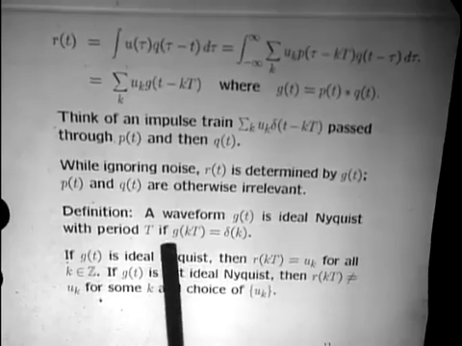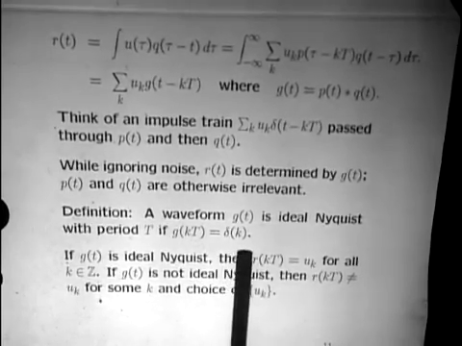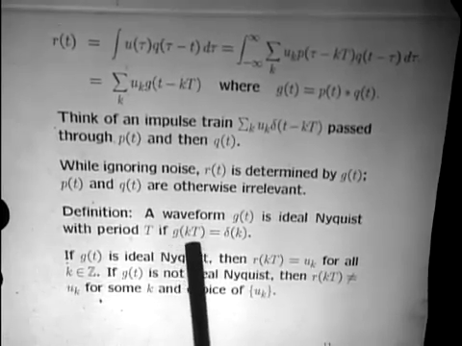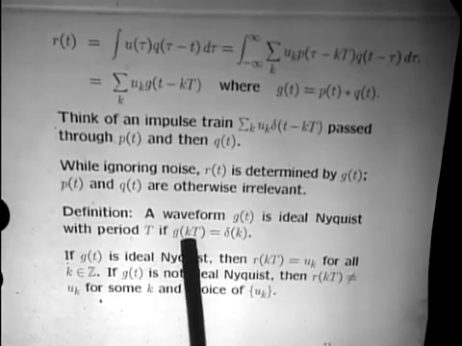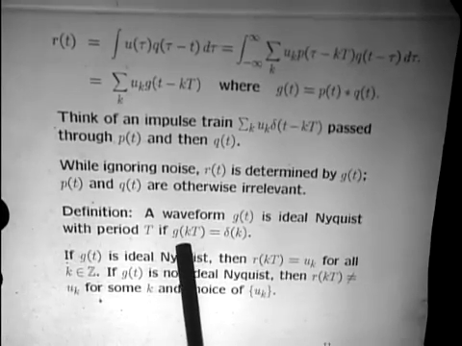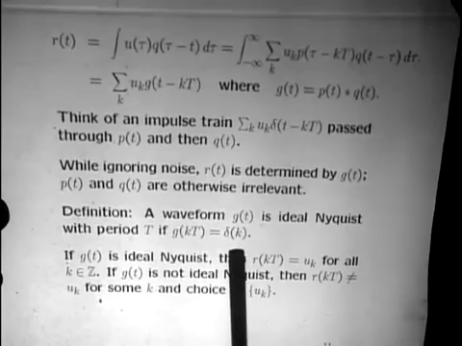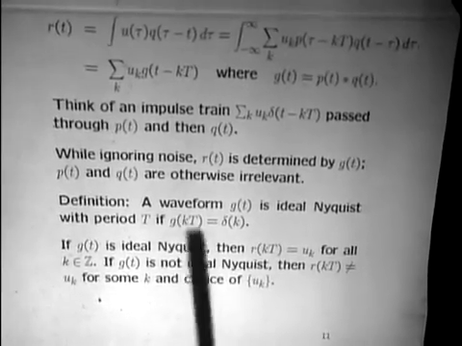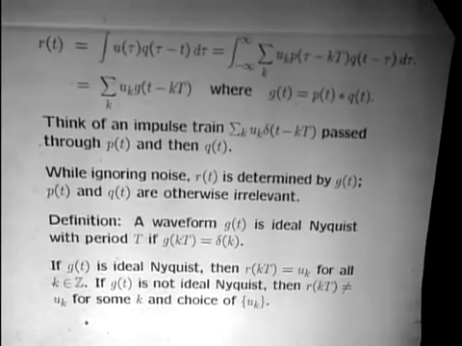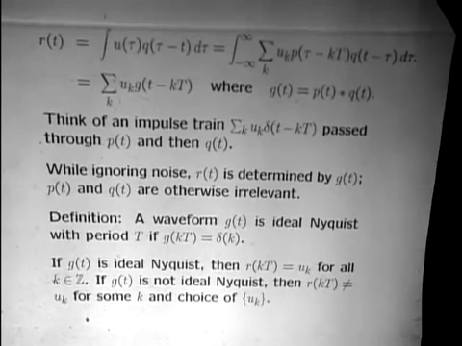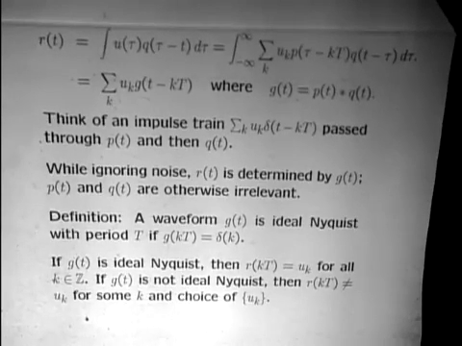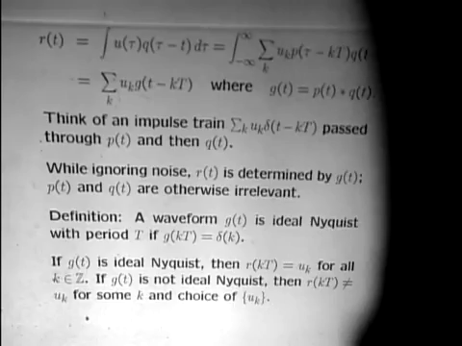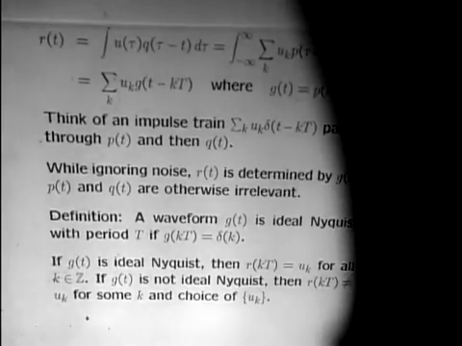In other words, if g of 0 is equal to 1 and g of kT for every non-zero integer k is equal to 0. In other words, if g has the same property that the sinc function has. The sinc function is 1 at 0, and it's 0 at every integer point beyond that.